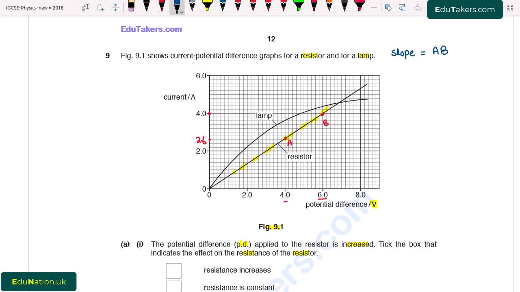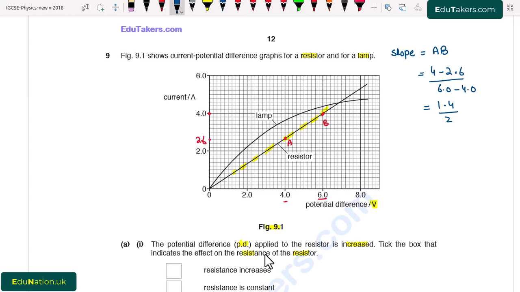So when I have to find out the slope for this, I write here slope is equal to AB, because we have taken 2 points. So I write here just on y-axis, here is current 4 minus 2.6 divided by 6.0 minus 4.0. So it comes to be 1.4 divided by 2.0.